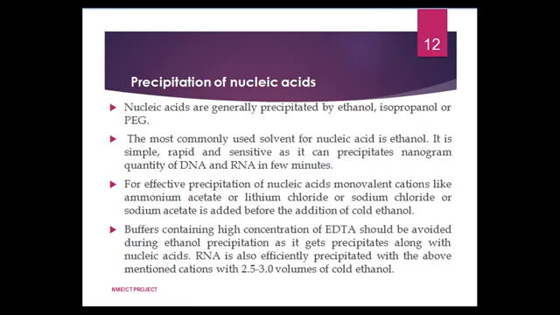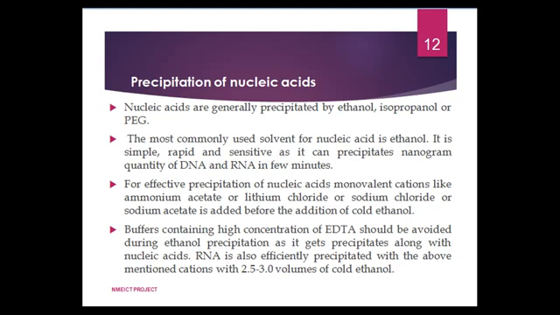Next, we come to the methods of precipitation of nucleic acid. Nucleic acids are generally precipitated by ethanol, isopropanol, or PEG. The most commonly used solvent for nucleic acid is ethanol.